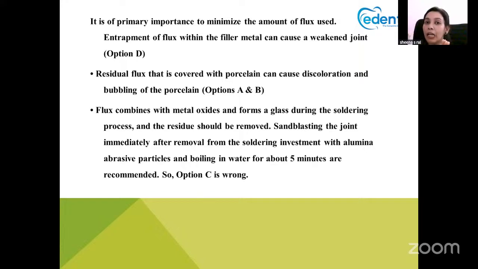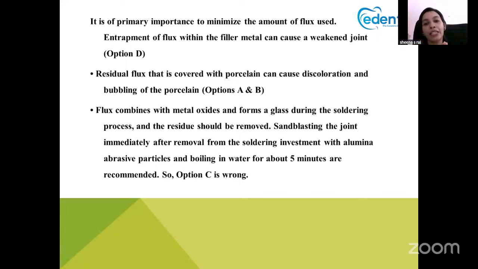Flux should be there, but it should not be in excess. When excess flux is there, it gets in between the filler particles of the metal and can weaken the joint. Excessive flux can also cause discoloration of the material, and can bring about bubbling in the porcelain too.